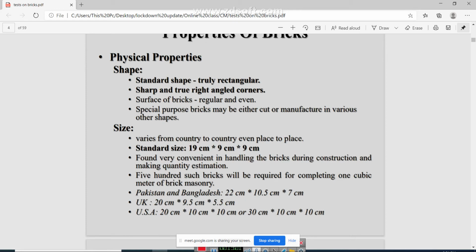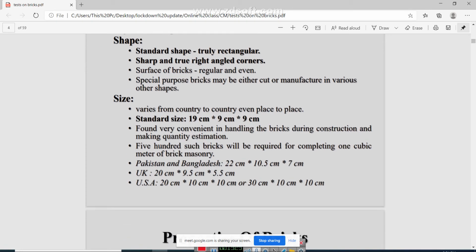The nominal size means the standard size of 19 cm into 9 cm into 9 cm, along with 1 centimeter thickness of mortar. So the size comes as 20 cm into 10 cm into 10 cm. Don't get confused: standard size is 19 into 9 into 9, and nominal size is 20 into 10 into 10 cm.